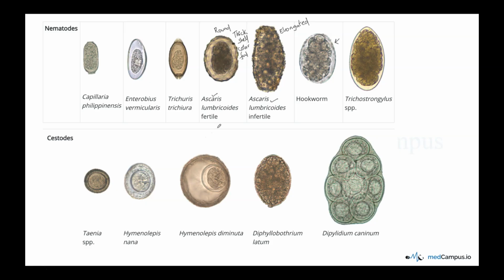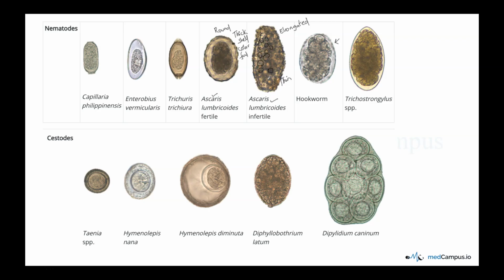In the infertile egg, it is elongated, either triangular or kidney shaped. Sometimes it can even be bizarre. The shell is very thin, and very importantly, the internal material is a mass of irregular globules and granules.